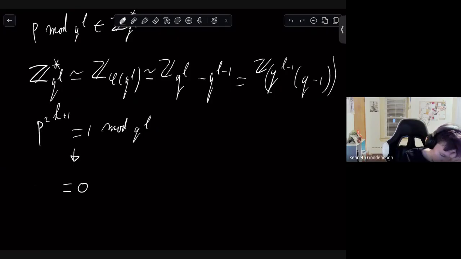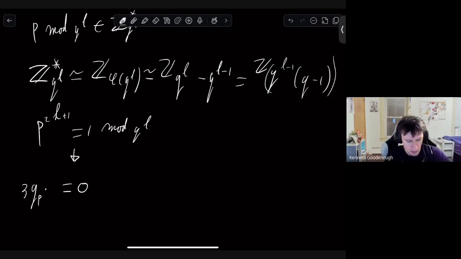So I'm going to represent my group element as g to the power P. I see.